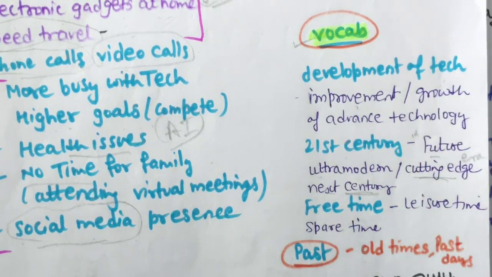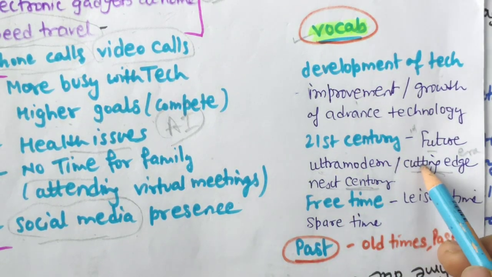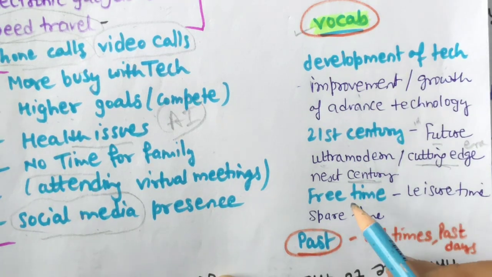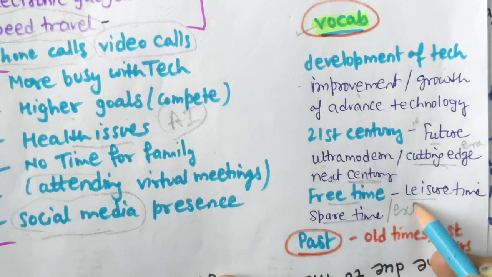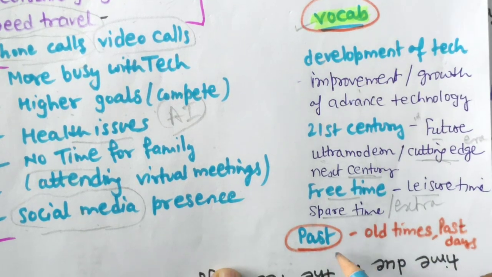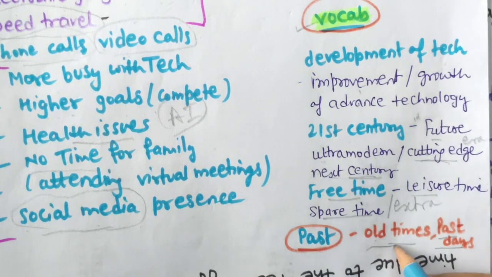These words you can use, and if you know other words apart from these that I have shown, you can use them. Free time: leisure time, spare time, and extra time. Past: old times, olden days, earlier days. You can use these.